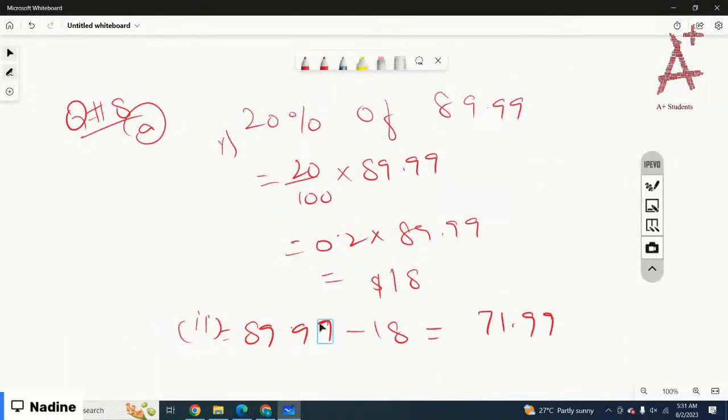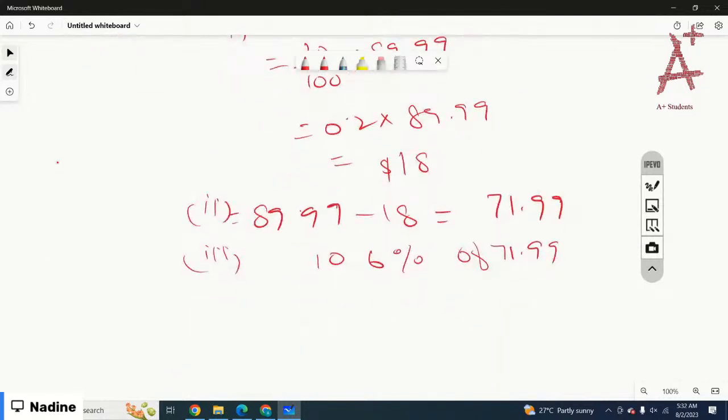Okay, the C part is calculate the sale price including tax. You have to calculate the sale price including tax. So you have 6% tax on the items, right? So it would be 100 plus 6 is 106% of 71.99. That is the tax, right? So just calculate 106 over 100 times 71.99.